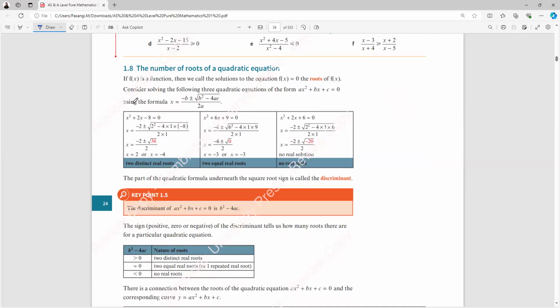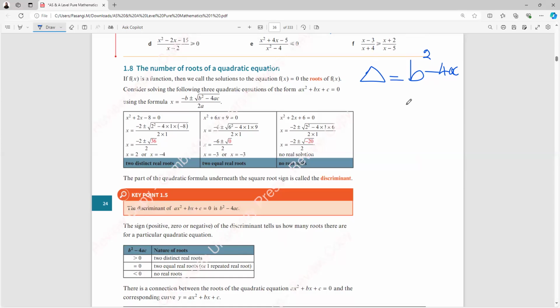Now, there's a method to identify the number of roots of a quadratic equation. It's basically about the discriminant. We denote the discriminant as delta, and it means the value of b squared minus 4ac.